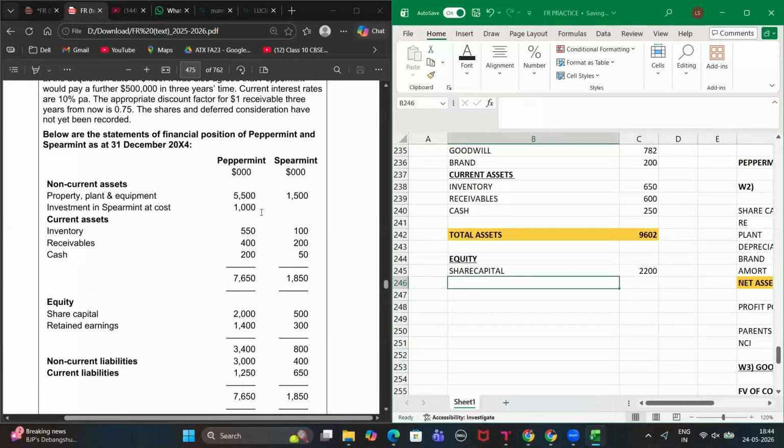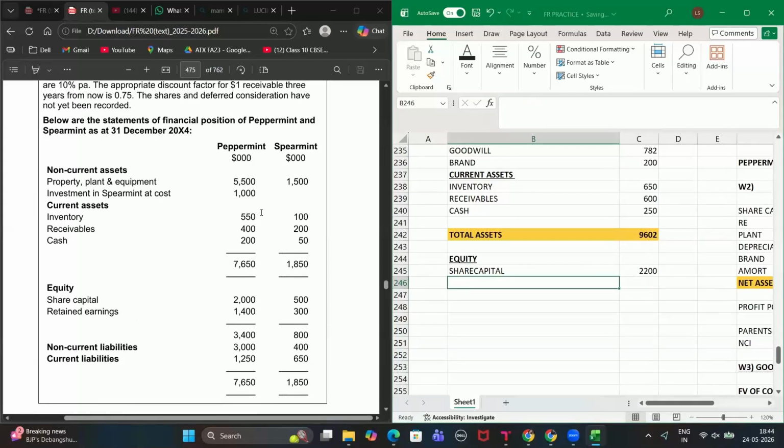Was the share issued at nominal value? Then at which value was it issued? Market value. So in share capital, we'll only be showing the nominal value, right?